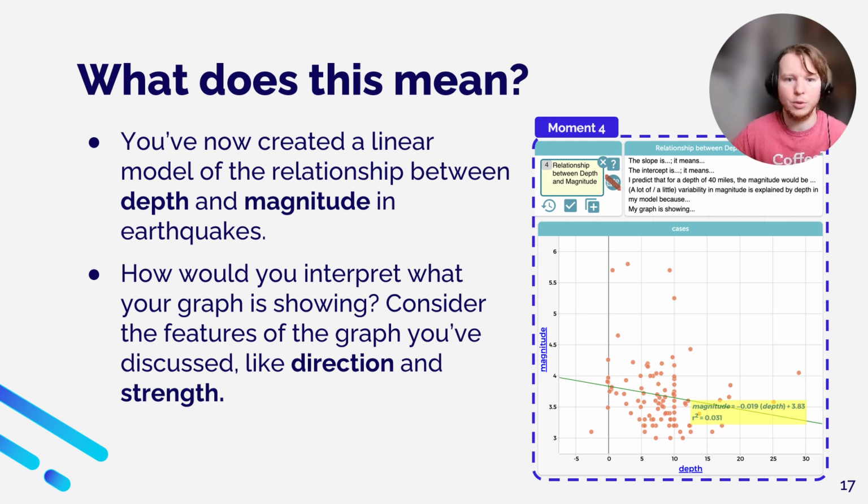Now is time to sort of put all this back together and think about the most important features of this graph. What I'm looking at right now, I would say, is just a not very strong relationship between depth and magnitude. So students probably would want to emphasize that this really isn't that much of a relationship here. Earthquakes can kind of seem to be whatever magnitude they want regardless of depth, and that might be a really important takeaway.